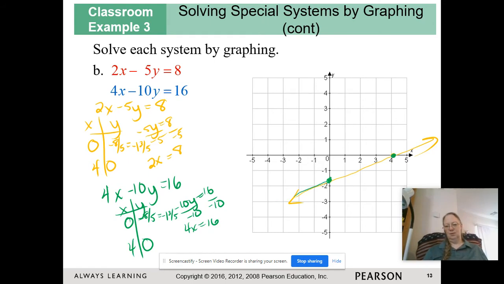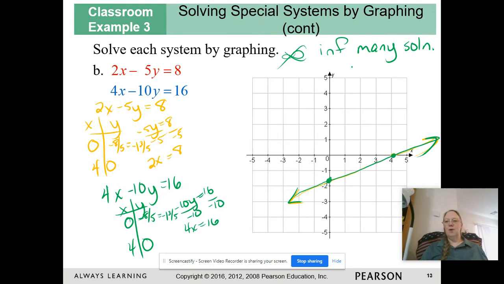And this one, as you can see, is the same line, which means infinitely many solutions. By the way, do not put the infinity symbol. What you're probably going to see is a set builder notation, and that would look like this.